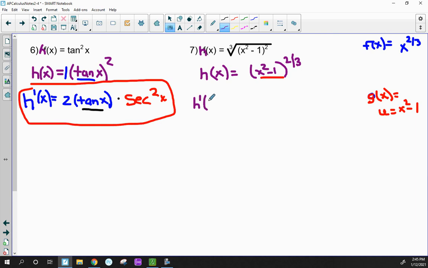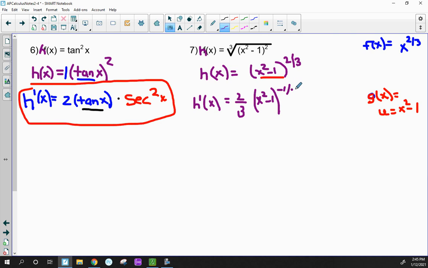h prime x, the derivative of h, can be found by starting here with the outside rule, 2/3 times 1, dropping this down, taking the power and decreasing by 1. 2/3 minus 1 is 2/3 minus 3/3.